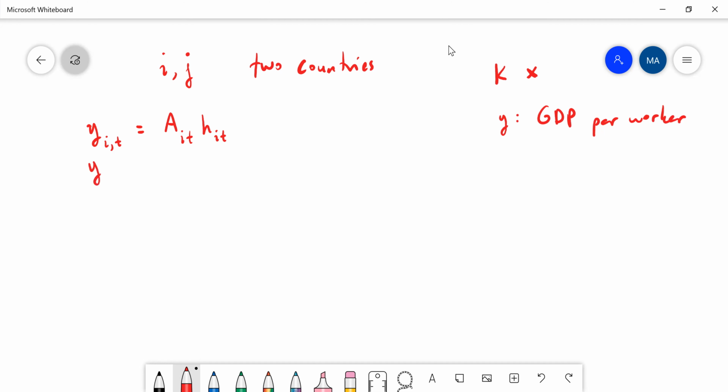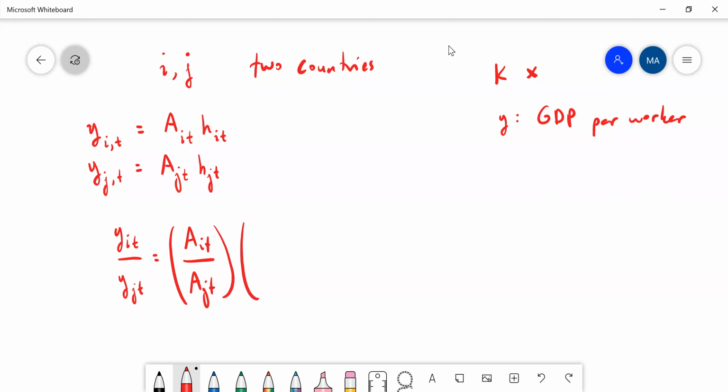And you have Y_JT equal to A_JT H_JT, right? So typically, of course, once you look at the ratio of GDP per worker levels, you will see that productivity ratios and human capital ratios will both be important.